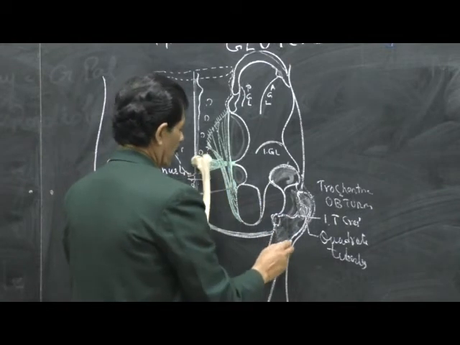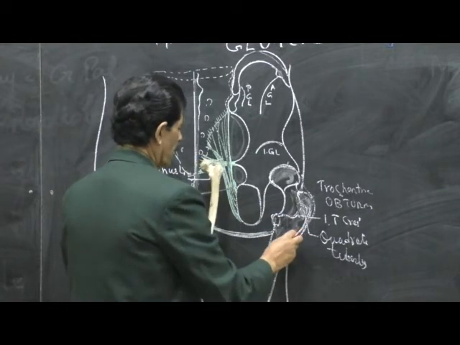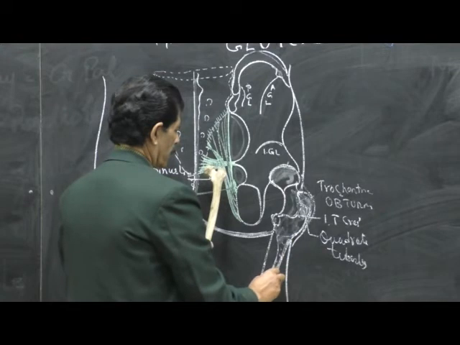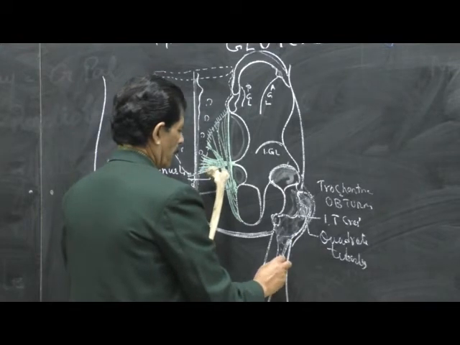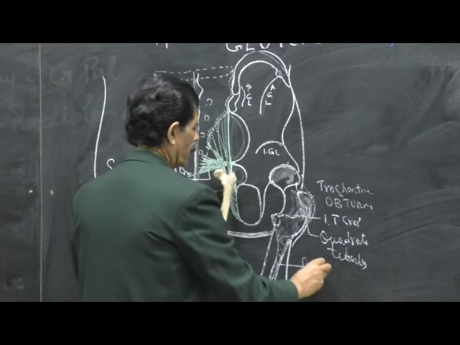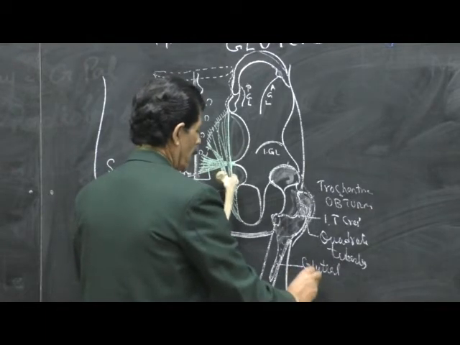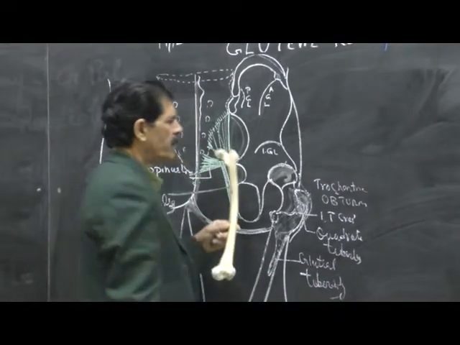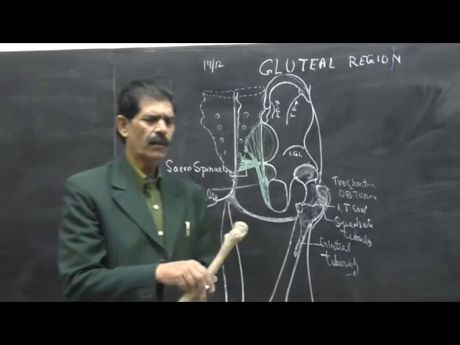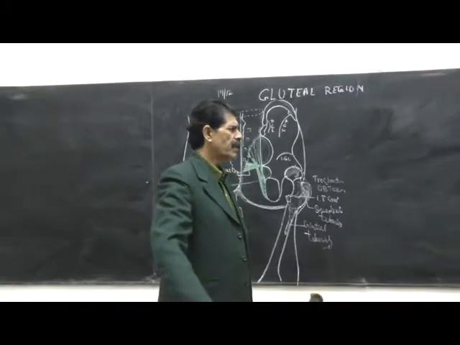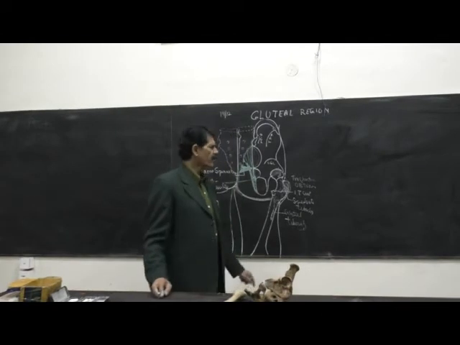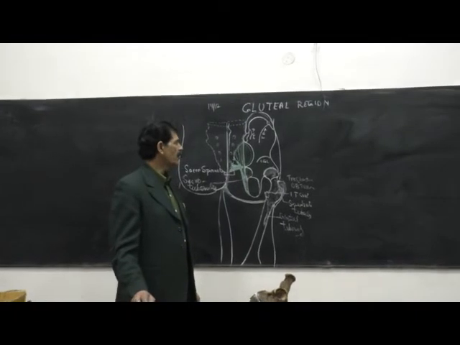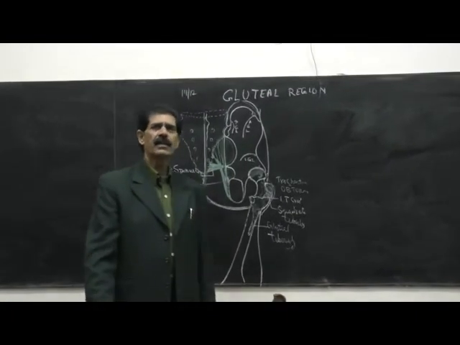Then in the upper part of the shaft of the femur, there lies a rough triangular area, and this is called the gluteal tuberosity. So these bony points should be familiar before we go into the detail of the gluteal region. All the features of the hip bone as well as the upper end of the femur, we should be very much clear about them. Then only we can properly understand what the gluteal region is.